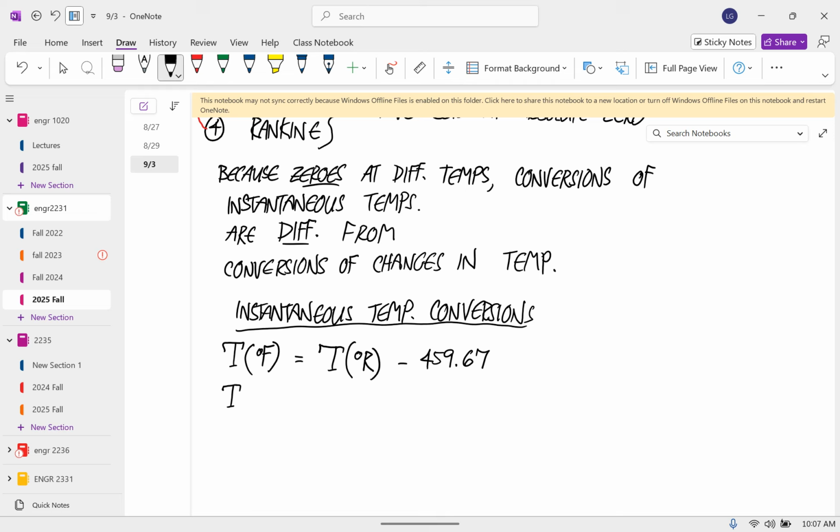The conversion between Fahrenheit and Celsius, the temperature in Fahrenheit is 9/5 of the temperature in Celsius plus 32.